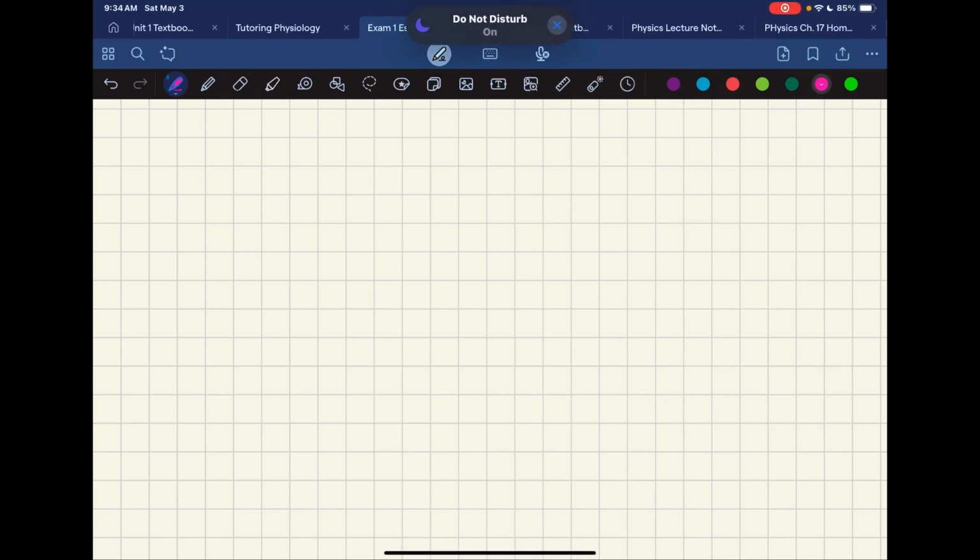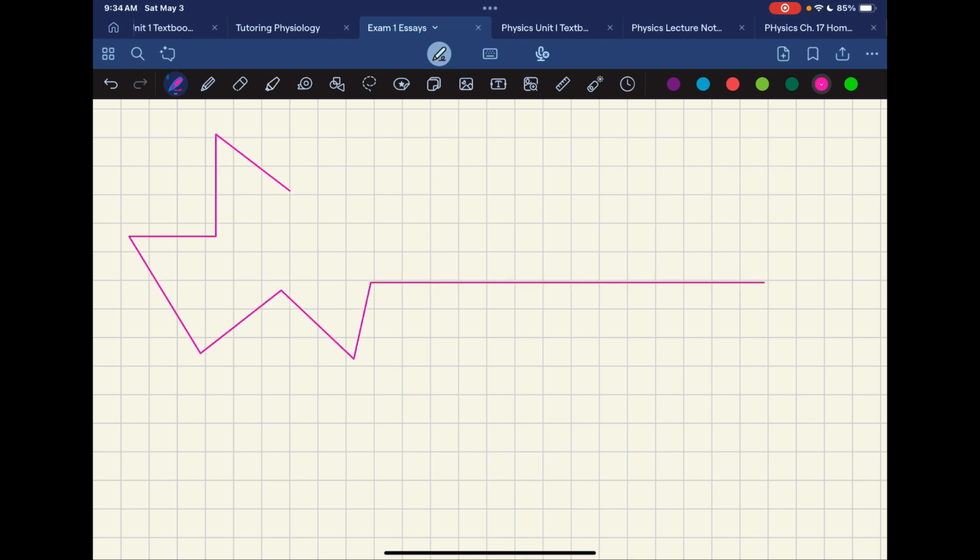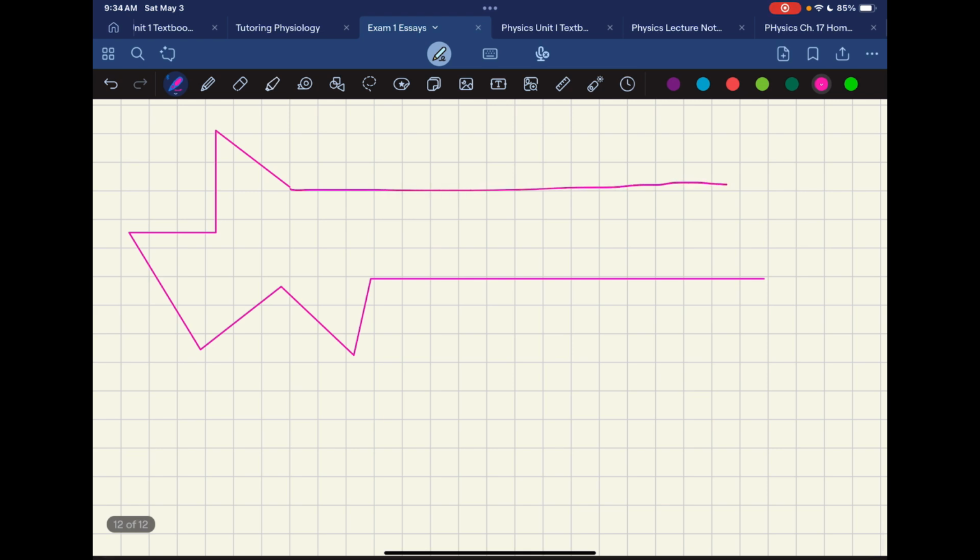Next, we're going to move on to the graded potentials. A stimulus triggers ion channels to open up in cells. Here's our axon.